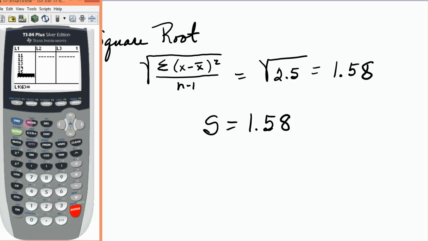I hit the Stat button again, and remember this is like a recipe and you've got this in your handout. This time you go right, away from Edit, toward Calc. And you are going to do one variable statistics. That is already the default. It is number 1, so all you have to do is press enter.